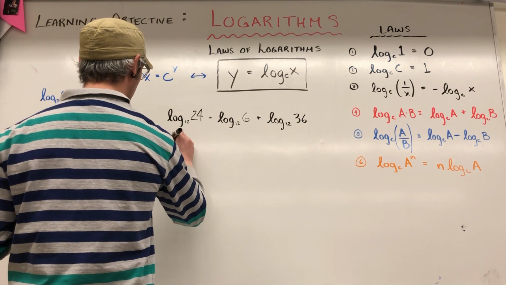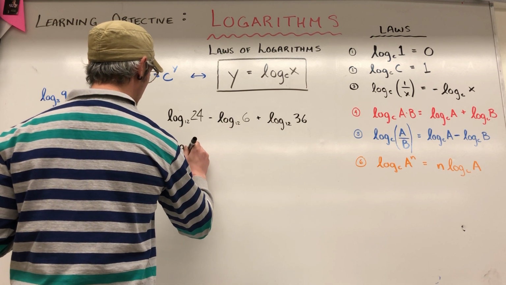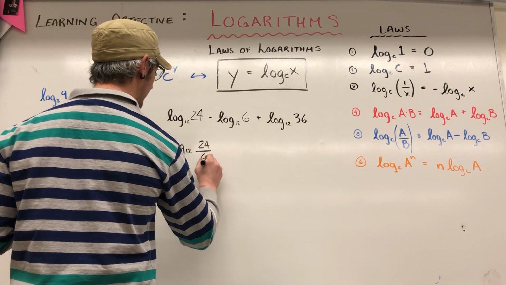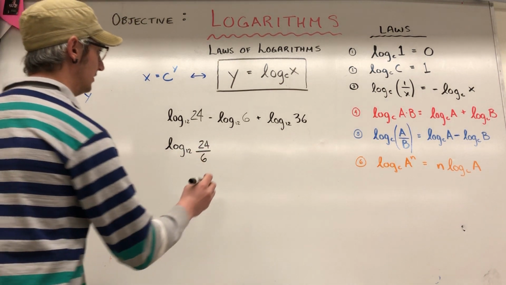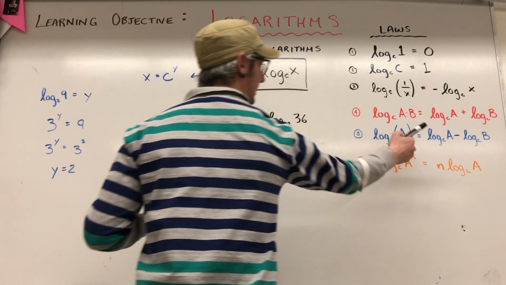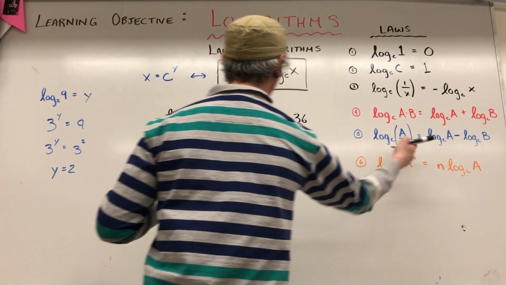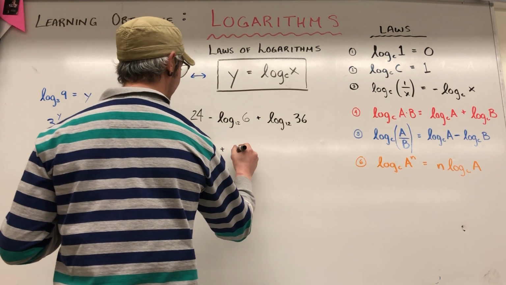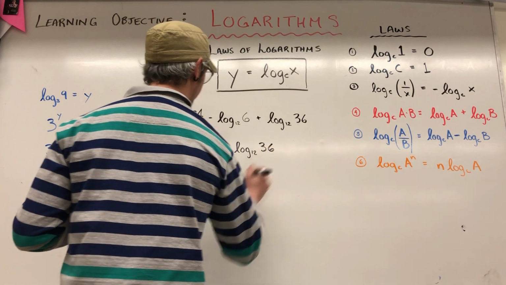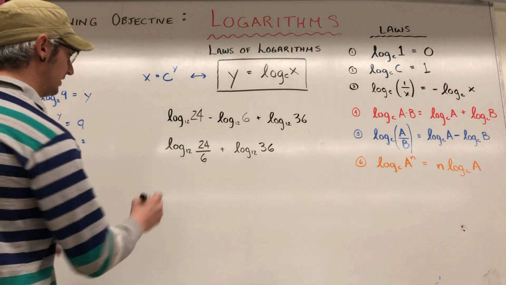Okay, and I get log base 12 of 24 divided by 6. Because it's a subtraction, I'm going from here and I'm bringing it here. And then I'm left with plus log base 12 of 36. And then I can simplify this.